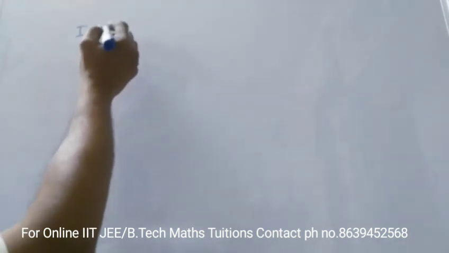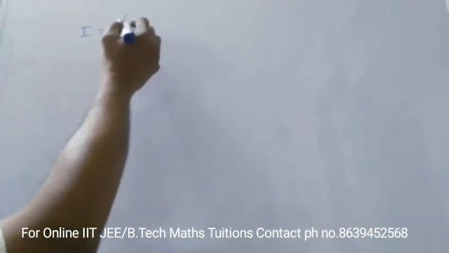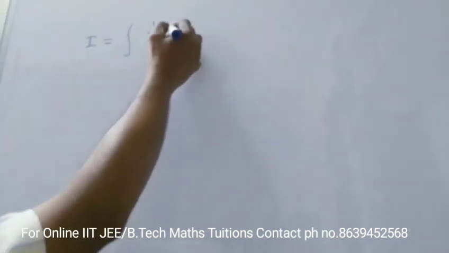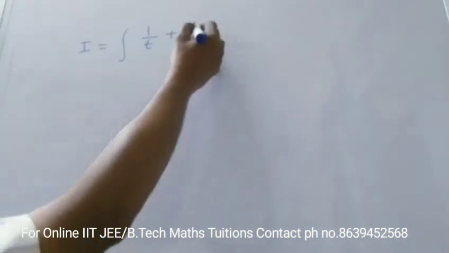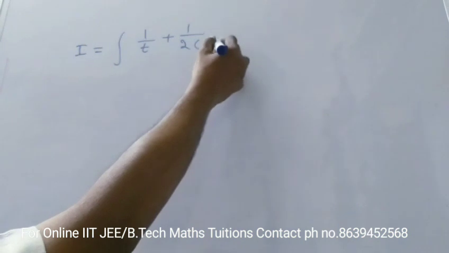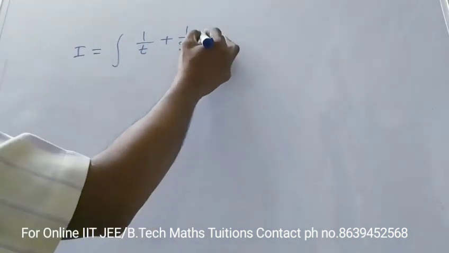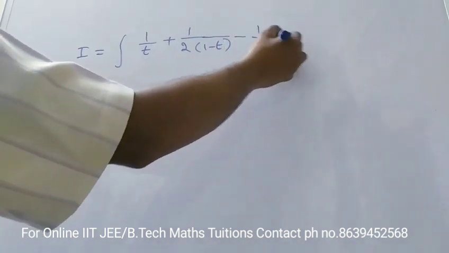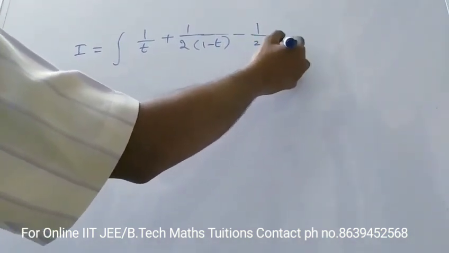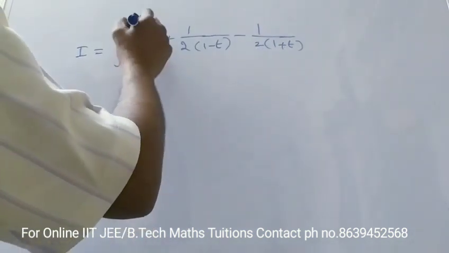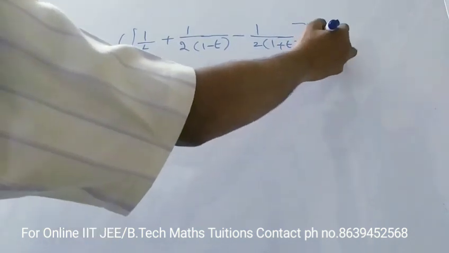I is equal to integral of 1 by t plus 1 by 2 of 1 minus t minus 1 by 2 of 1 plus t dt.